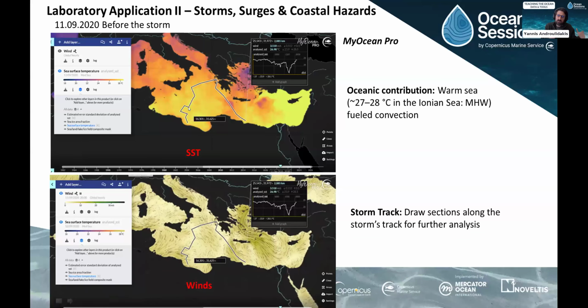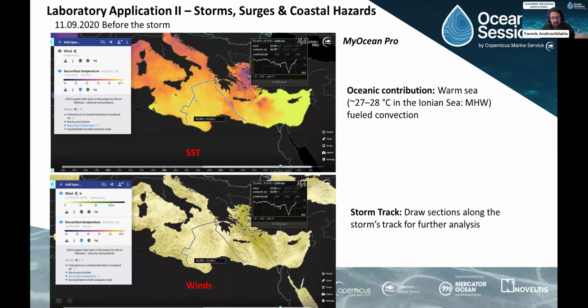So each student has a different storm, a different track, so they get different conclusions and results. And this is before the storm and shows how warm the sea was during the evolution, which enhanced the intensification of the storm because the storm got more energy, it was fueled.